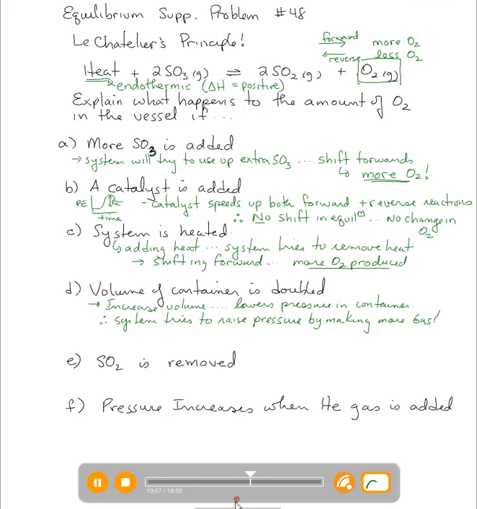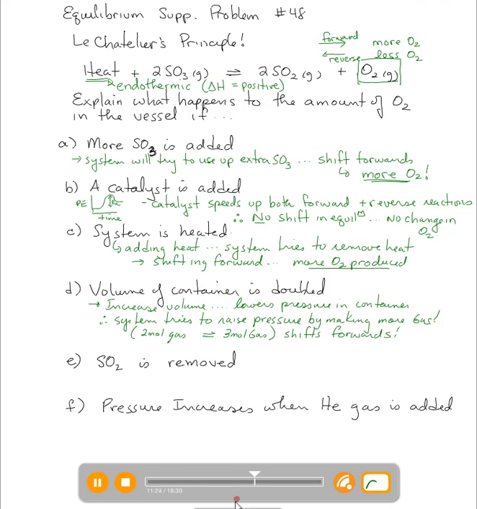gas. So since our reaction has 2 moles of gas in equilibrium with 3 moles of gas, that's 2 SO3s on the left and 2 SO2s and 1 O2, 3 moles of gas on the right, the system is going to shift forwards to make more gas.